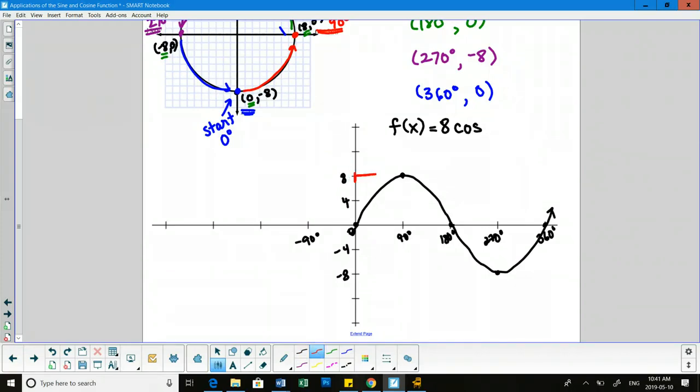8. Yes, I'm talking horizontally though. It's at 90 to the right. So how can I express this in here in the cosine function? What do I have to do? Yeah, x minus 90. And this happened because we altered the starting position. We took the starting position and we brought it 90 degrees before the usual 0 degrees.